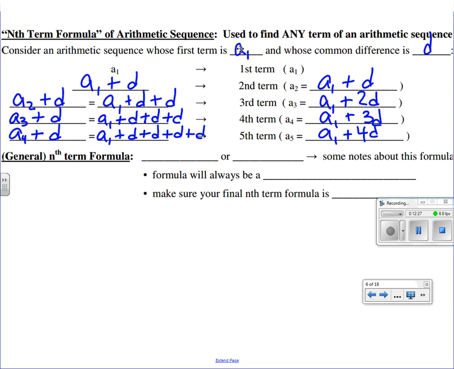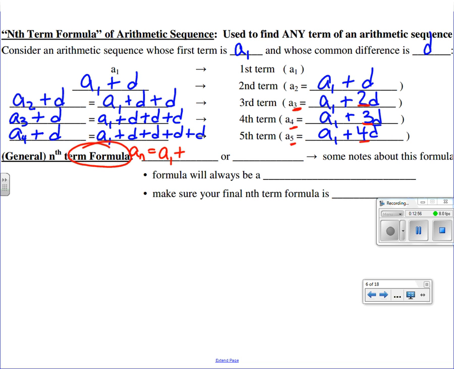Okay, so this is showing you how they came up with this formula. So here's the formula. A sub n, which is how you would get any term that they wanted, the 16th term, the 10th term, A sub n equals A1 plus, and what is the relationship between this number and this number?